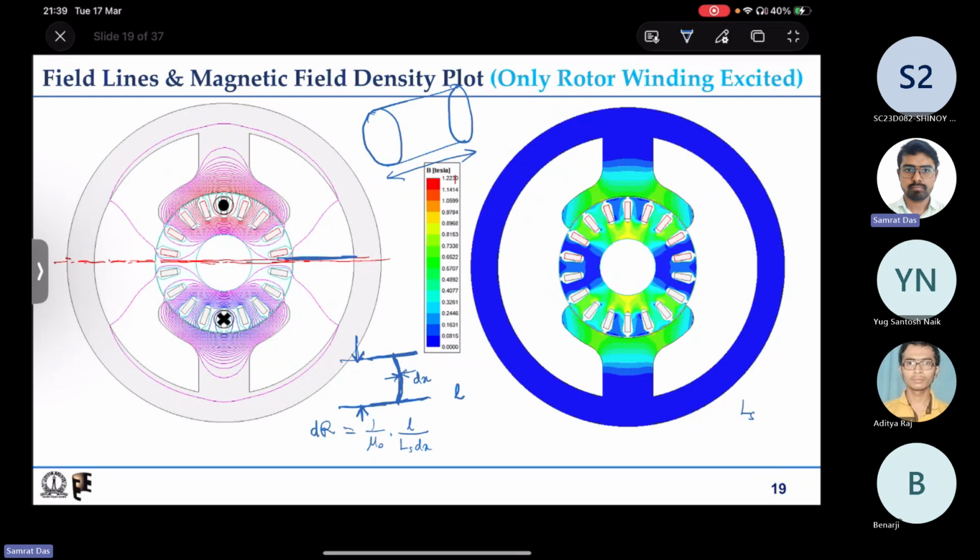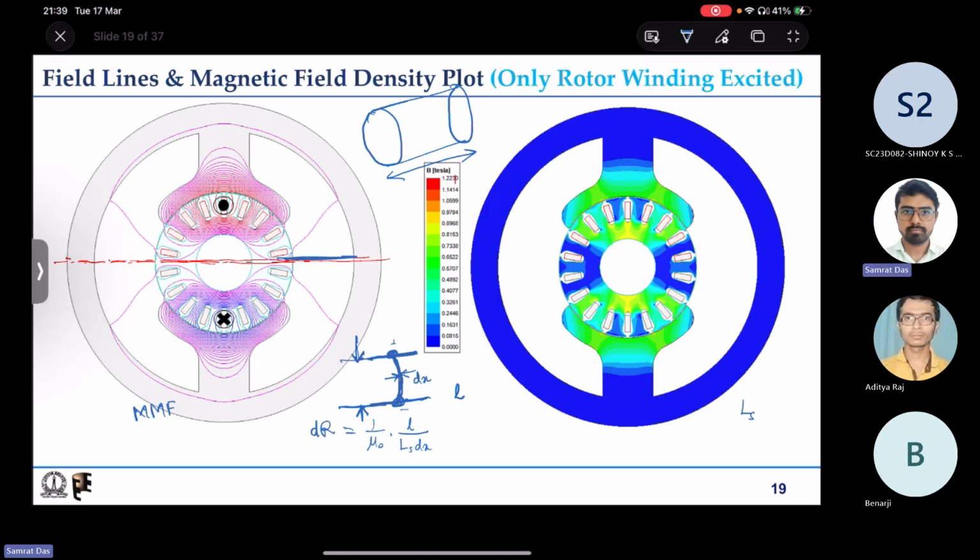Now if there is some MMF, and we know the MMF drop between these two points, say point A and point B, what will be the infinitesimal flux flowing through this path?